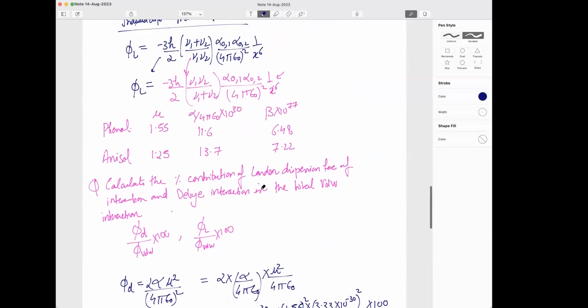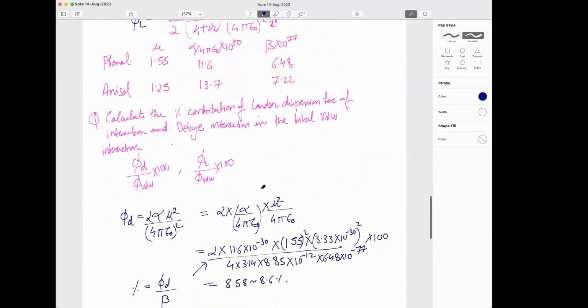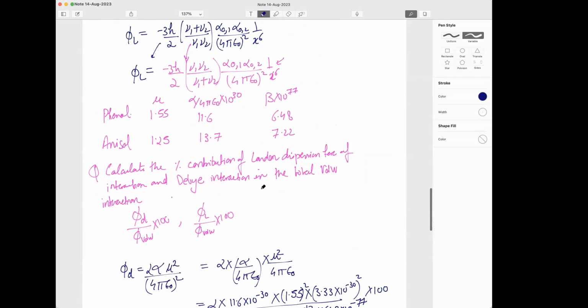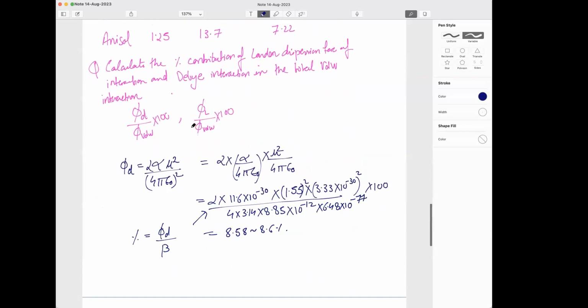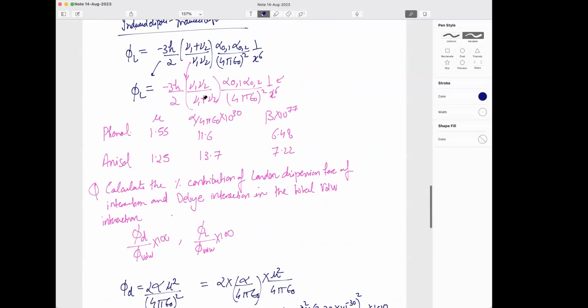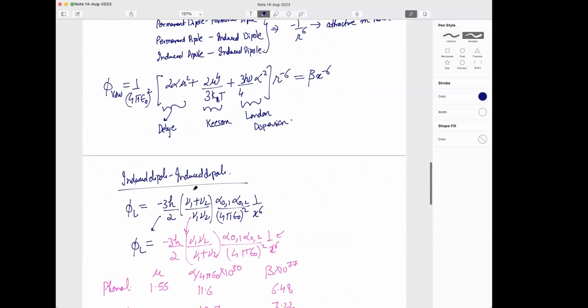So can you now try? We need to calculate the van der Waals contribution, but we don't have the new values for this. So we can use this Keesom and assume room temperature to calculate the Keesom, and then we subtract these two values from this and we'll get the percentage of London dispersion.